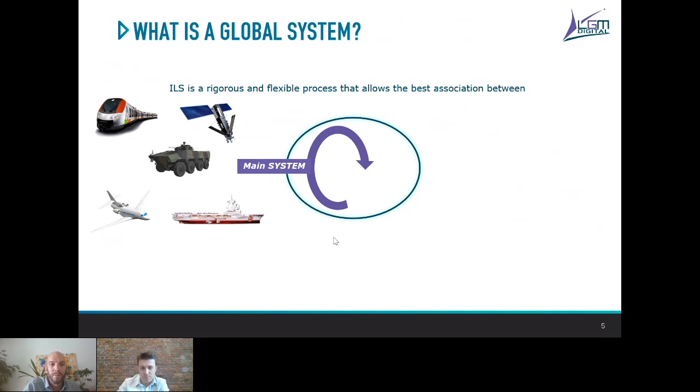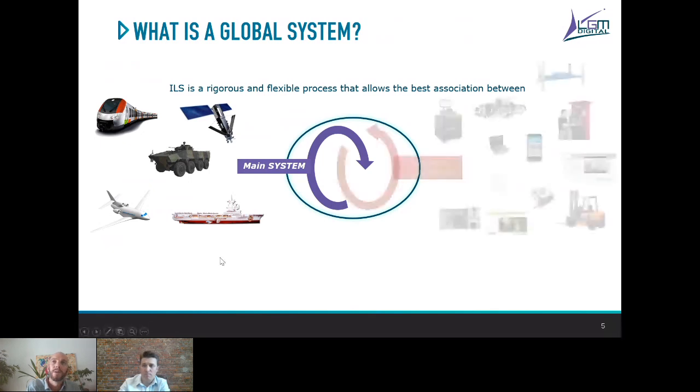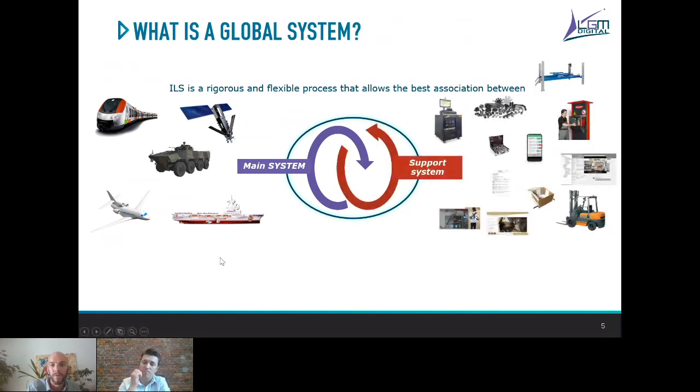So on the main system, we will apply the RAMS methodology, and then we will build the support system. The support system is composed of many support elements, and we build this support system in concurrent engineering.